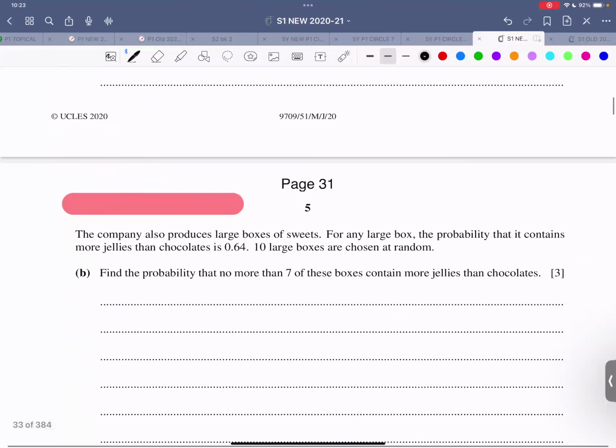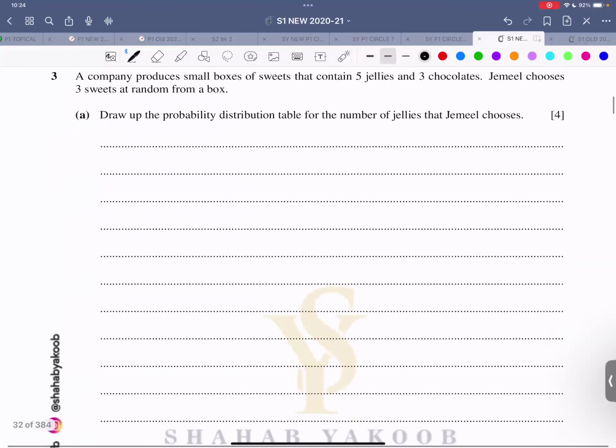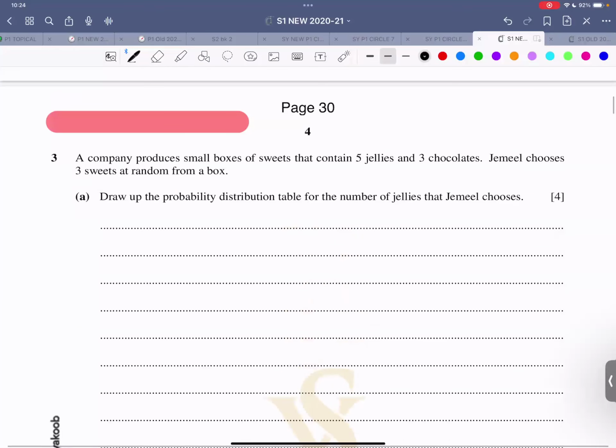And this part is something else. So now for 4 marks, we have to focus on this. Now, what is the question about? The question is about probability distribution. And this chapter is also known as DRV, discrete random variable.